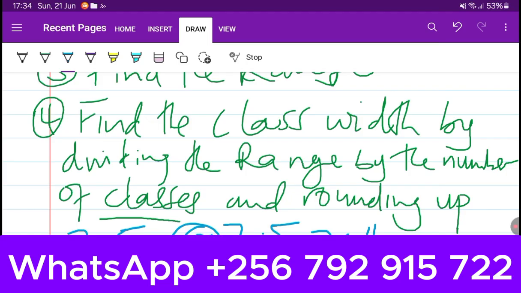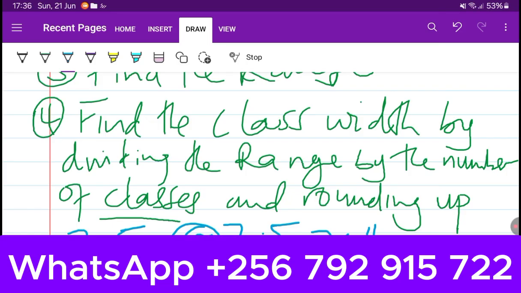Some people may be used to certain numbers, like 5. In most of the numbers you are going to attempt, the class width is an odd number. It's not mandatory, but it's actually preferred for it to be an odd number.